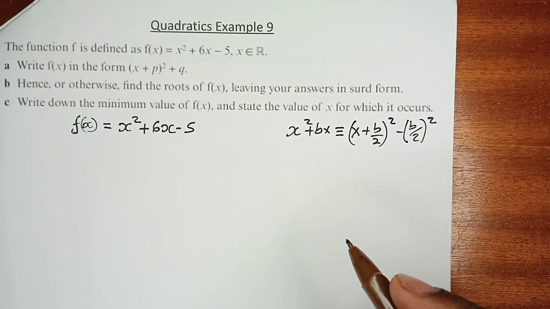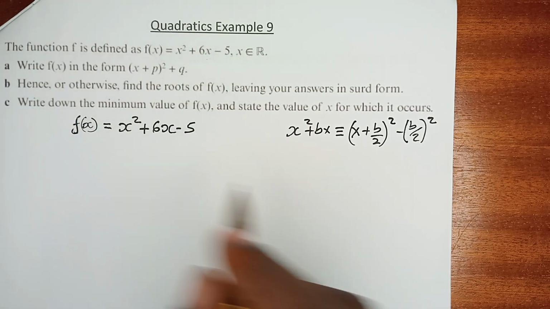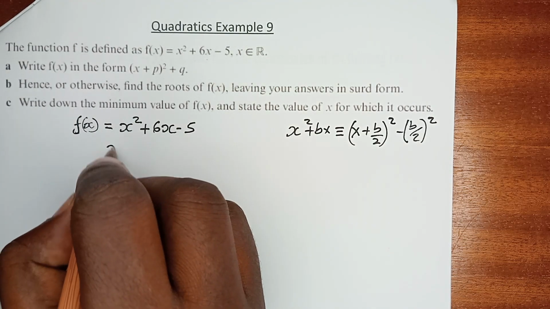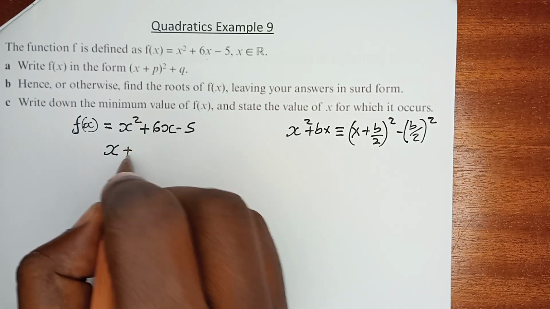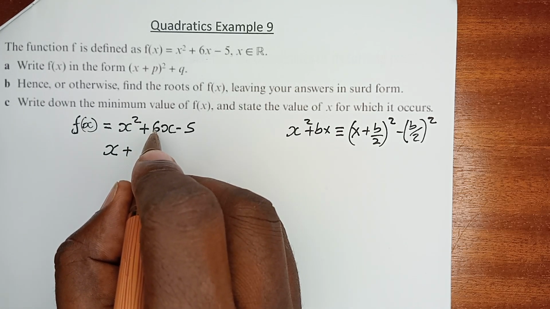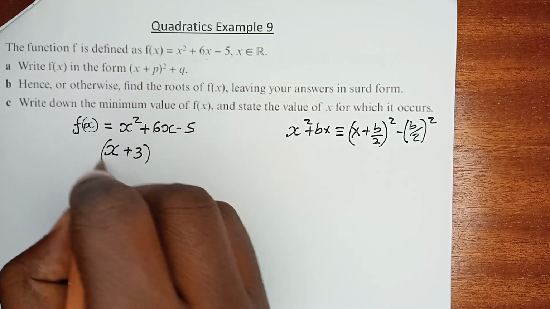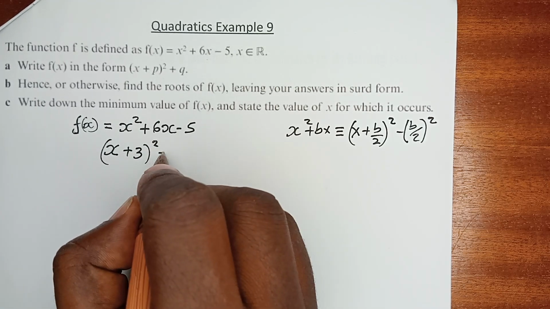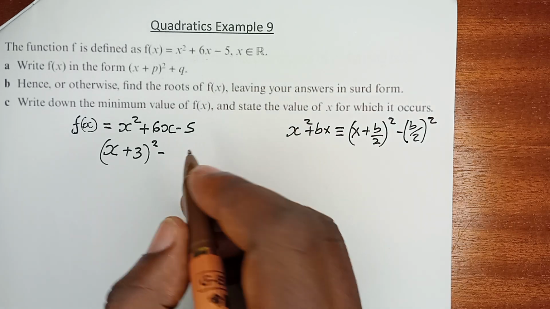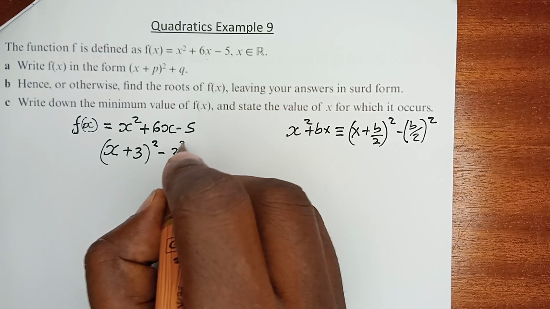Just go to my YouTube channel and search completing the square method. Here b is 6, so b over 2 is 6 over 2, which is 3, squared, minus 3 squared.